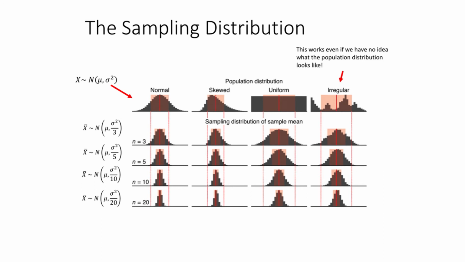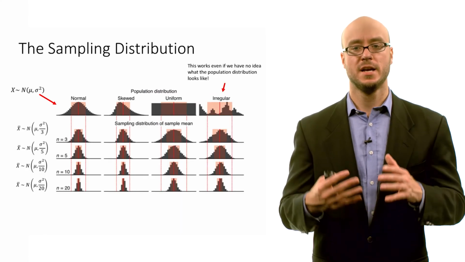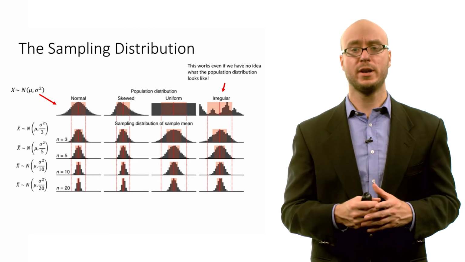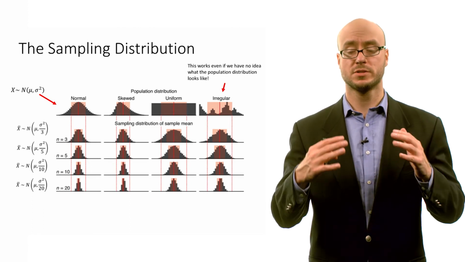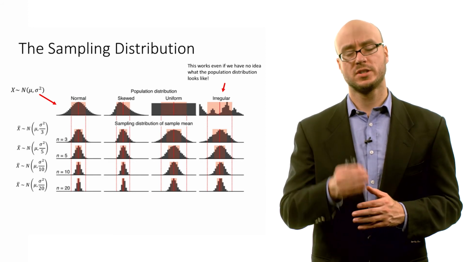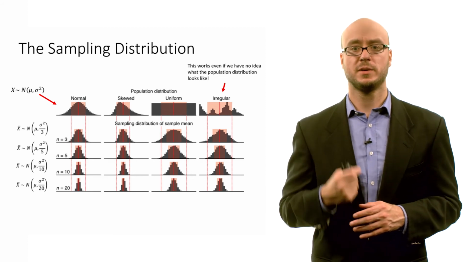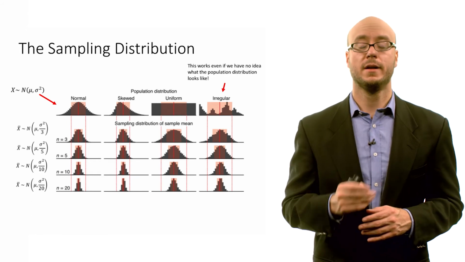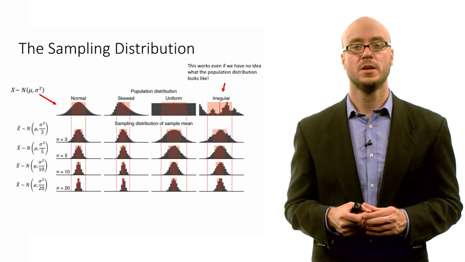But as we get closer and closer to, say, 30 in terms of the sample size, the distributions are all pretty normal. The sampling distributions are roughly normal, mound-shaped, and roughly centered, but especially as we get larger samples, centered on that population mean mu.